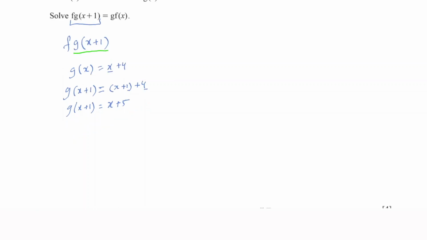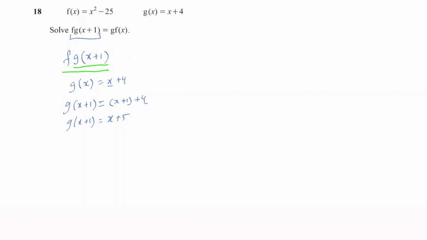Now let's move on to the whole, that is f of g of x plus 1. What is f of x? f of x is equal to x square minus 25.